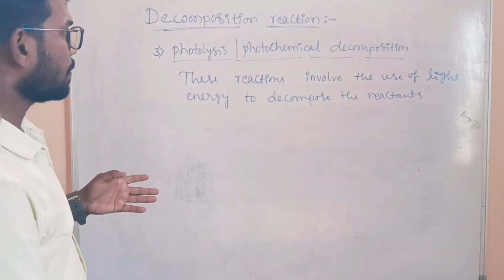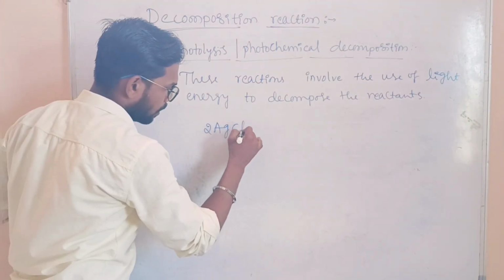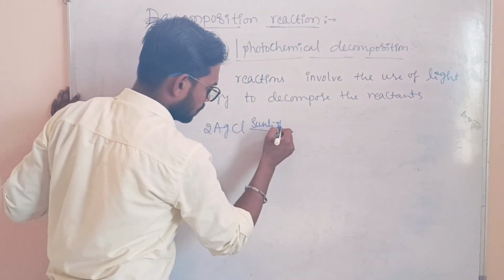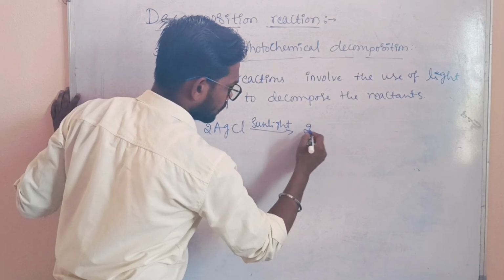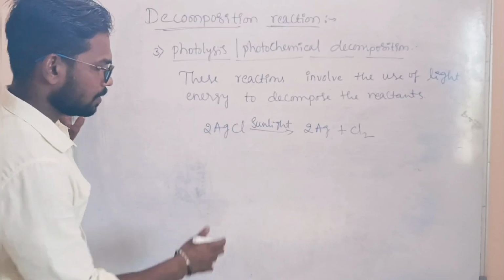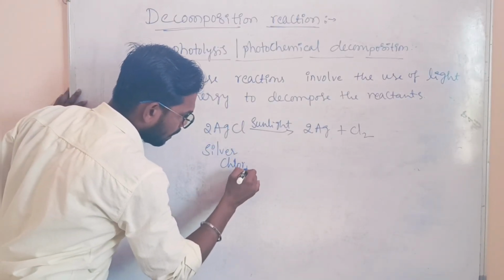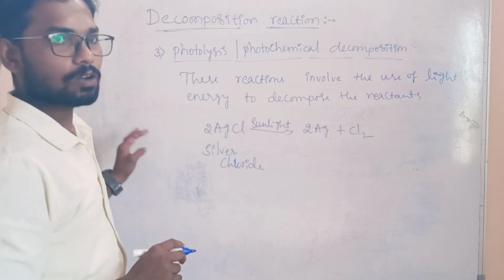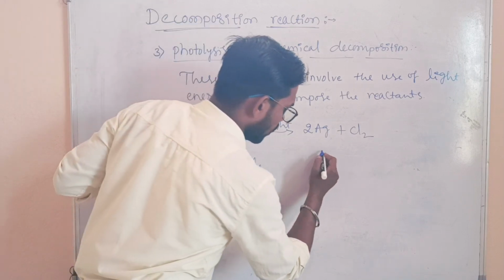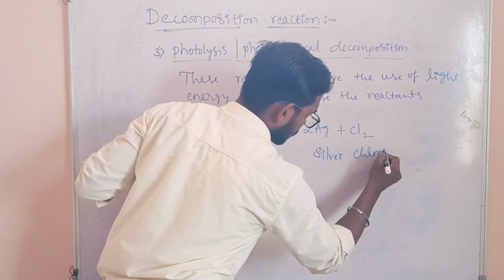Here I am going to give an example: silver chloride is going to break down by sunlight. See what happened, the silver chloride is breaking down with the help of sunlight, and it is going to form silver and chlorine.